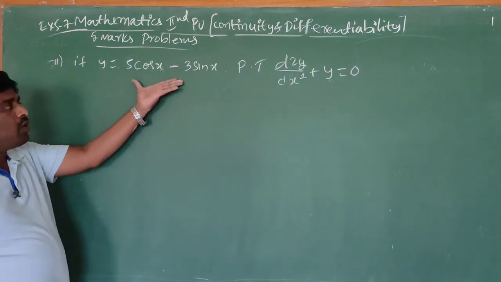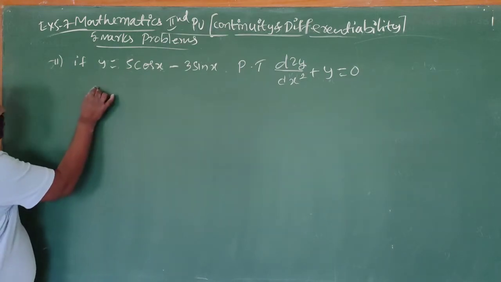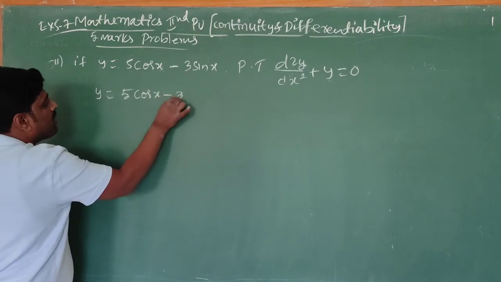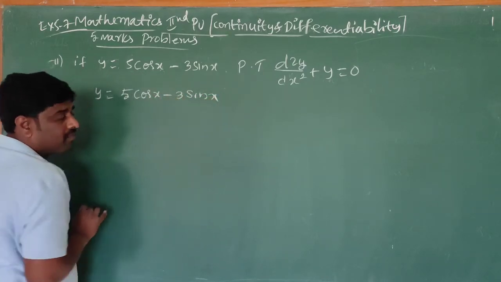What is the function? You have to take it as it is. Y is equal to 5 cos x minus 3 sin x.